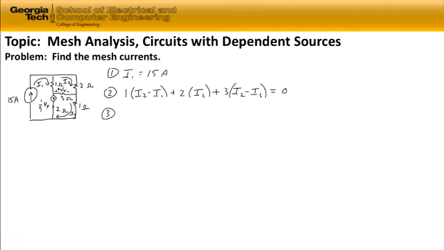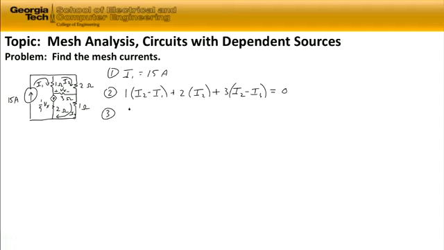We don't see another route around this loop, so what we need to do is use our constraining equations that allow us to put this dependent source in terms of our loop or mesh currents.